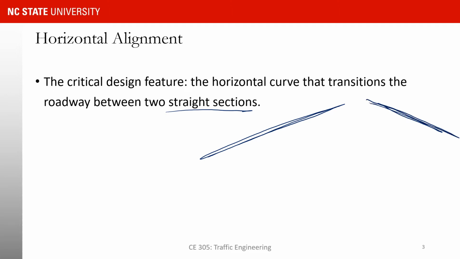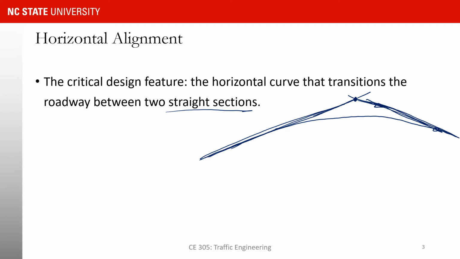The horizontal curve is what creates a transition from going in this direction to the other direction without you having to go through this point, like what happens at an intersection, and then having to make a sharp turn.